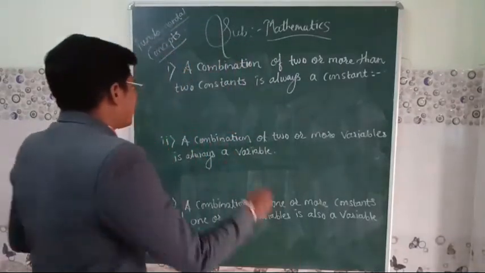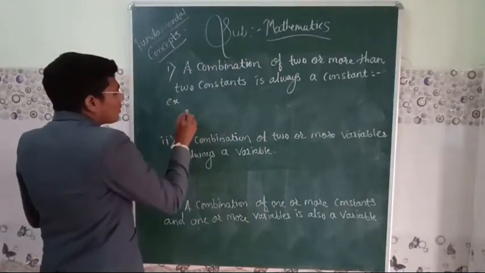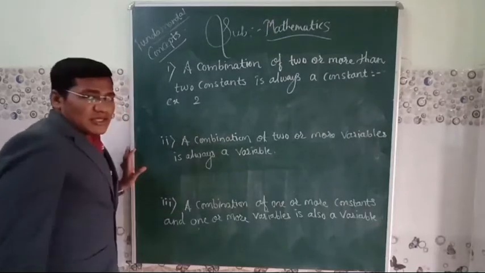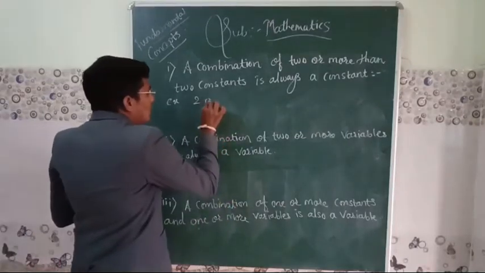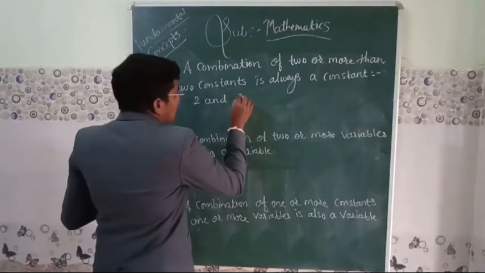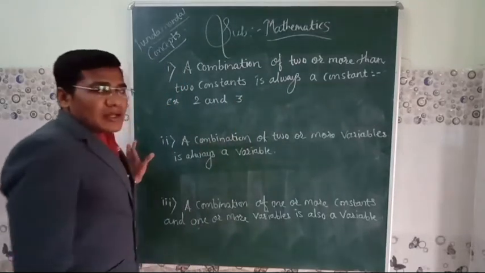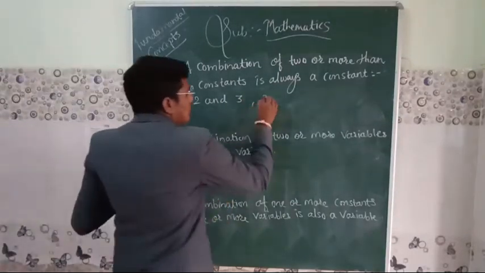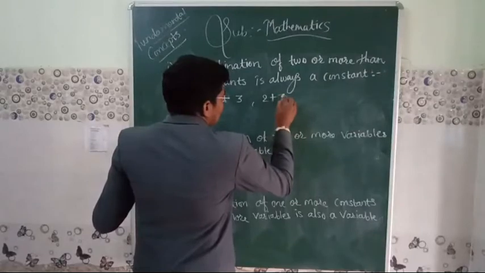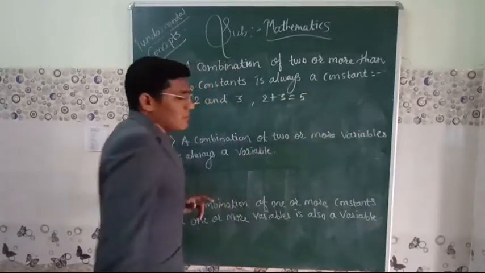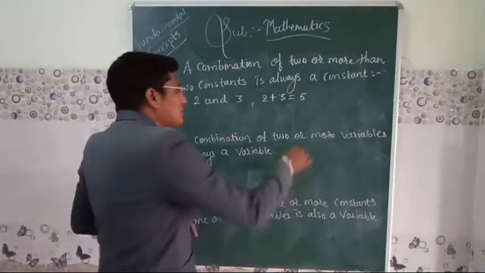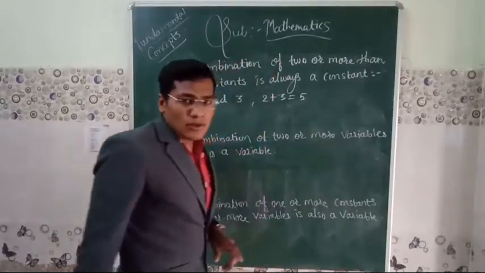For example, let one constant be 2 and another constant be 3. If we add 2 plus 3, the answer we get is equal to 5, and the number 5 is also a constant.